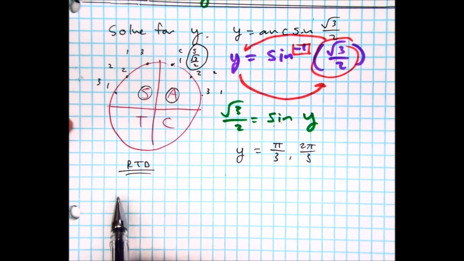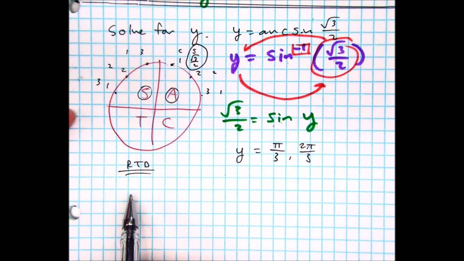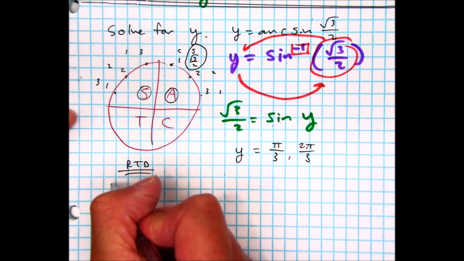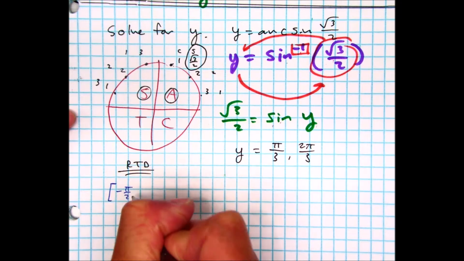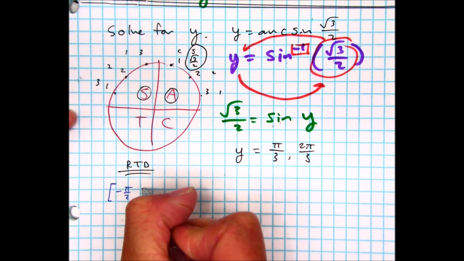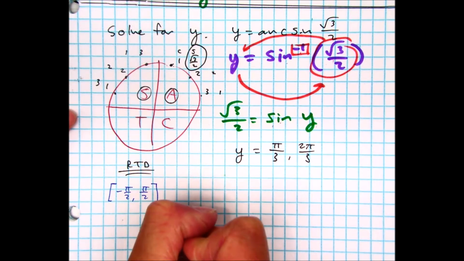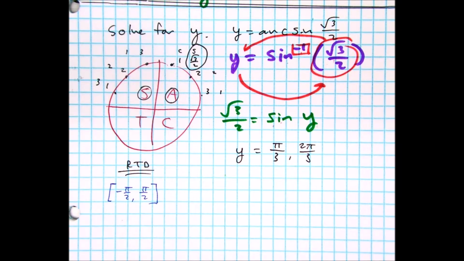Boys, where can I pick from? Negative pi over 2, including negative pi over 2, to pi over 2. Raise your hand if you got that.